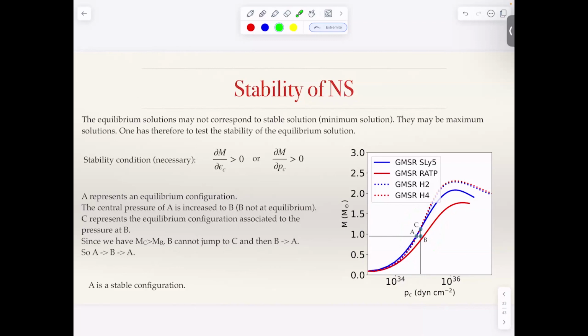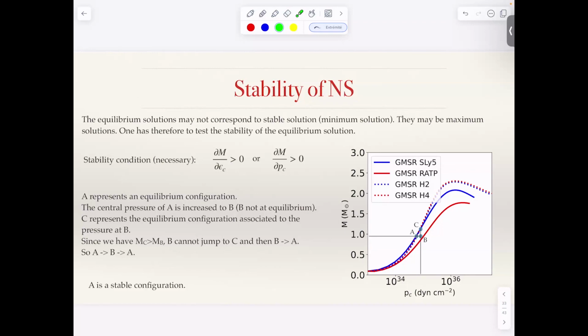Okay, so we start from a configuration that I call A, which lies on top of one of the equations of state. Let's take this blue one, for instance. I am on a solution, the blue solution, and I want to know whether this solution is stable or not.